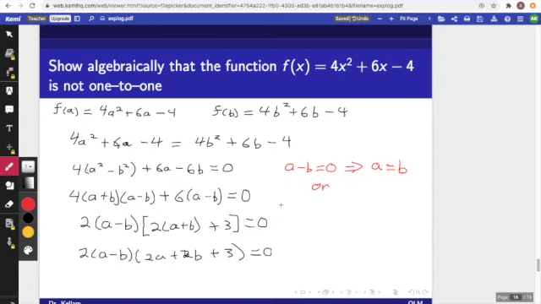Or 2a plus 2b plus 3 equals 0, and this implies that a equals negative (b plus 3 halves).